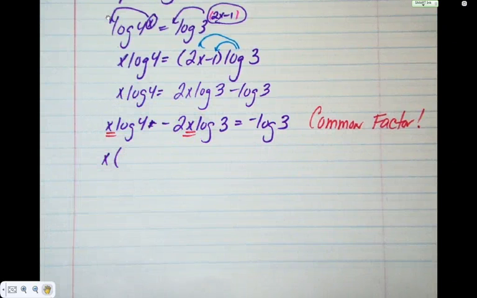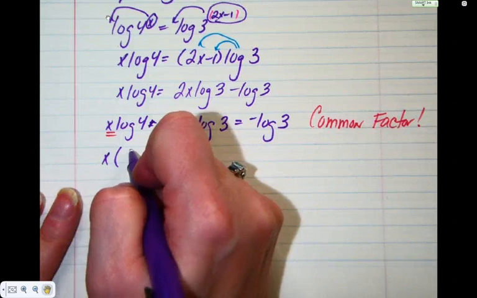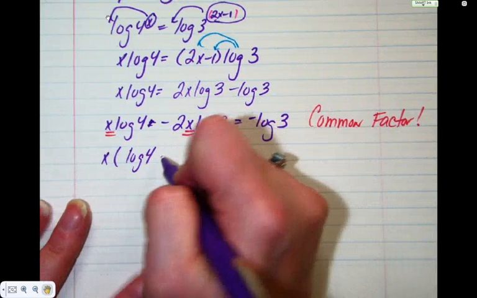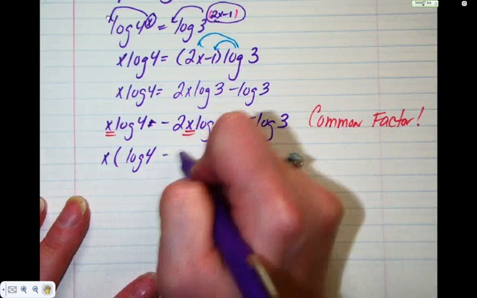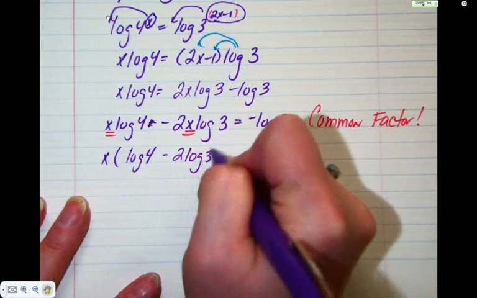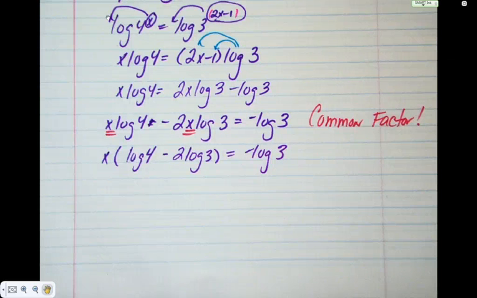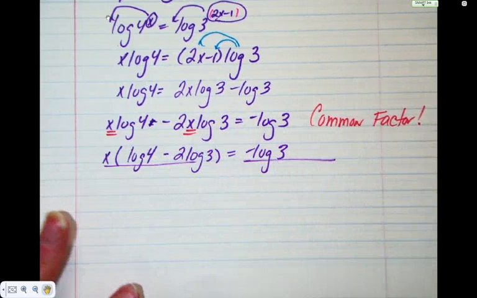So x log 4 divide by x, log 4. And minus 2x log 3 divide by x. Perfect. And then negative log 3 on the right that I haven't touched yet. Now how do we isolate that x? Divide by?